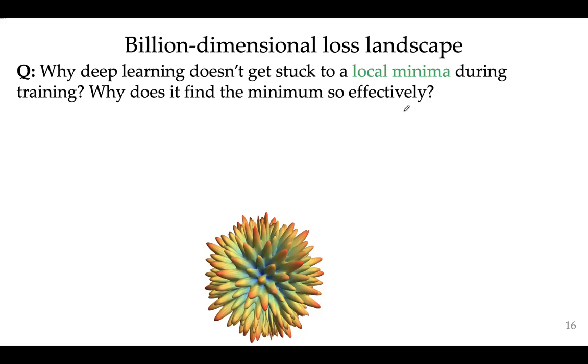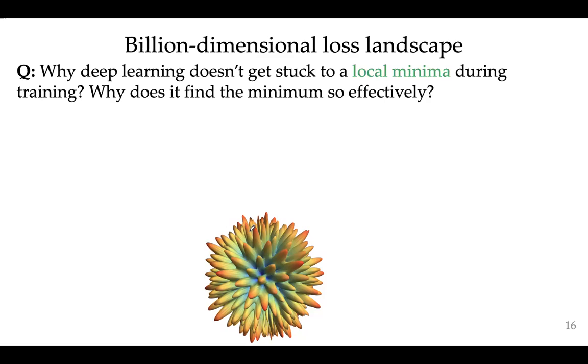Modern trained neural networks have billions of parameters, which means there are so many minima, and they can be local minima. The question is, why is training so effective that it doesn't get stuck in local minima?